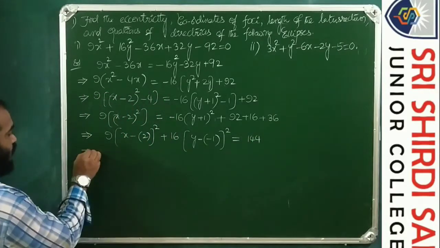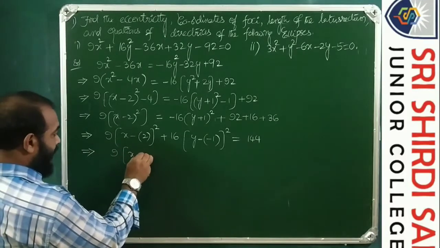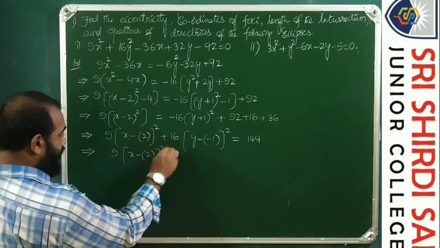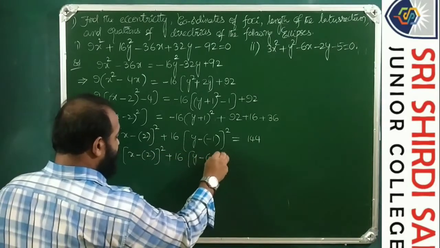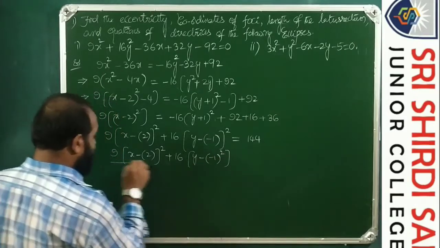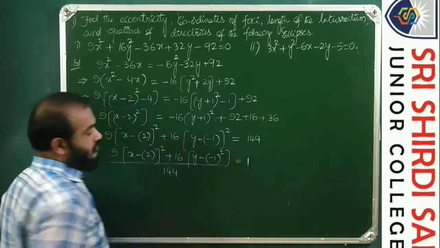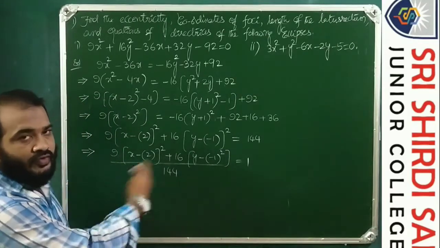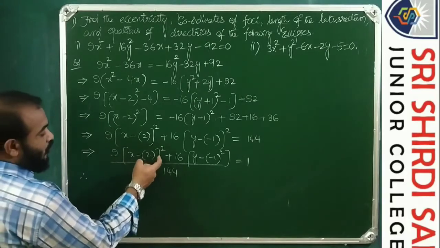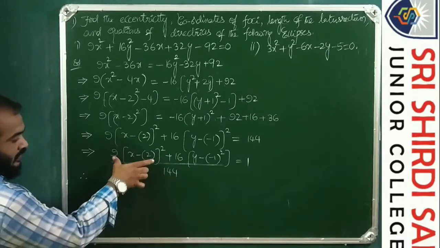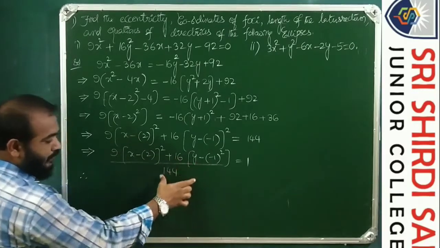So this is 9 into (x − 2) whole square plus 16 into (y − (−1)) whole square, equals 144. Dividing by 144 on both sides, this equals 1. Therefore 9(x − 2)²/144 + 16(y + 1)²/144 = 1.